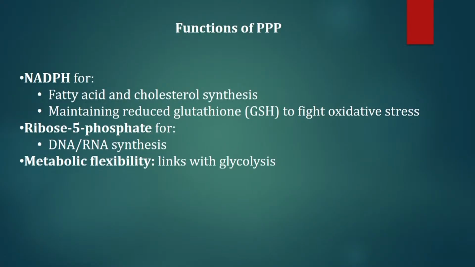Because I told you in the beginning of the lecture that the glucose 6 phosphate molecule, once it is produced from glycolysis, enters the pentose phosphate pathway. So that is how the metabolic flexibility is maintained by linking this pathway with glycolysis. Those are the important functions of this pathway, and all these functions are important.